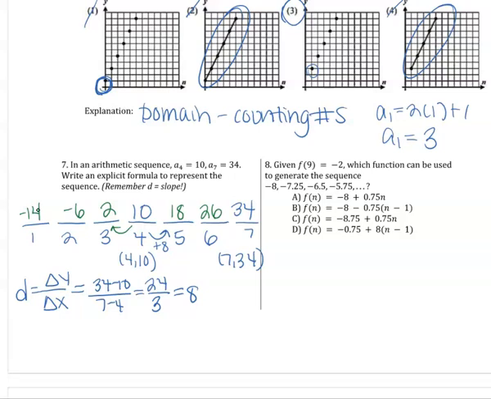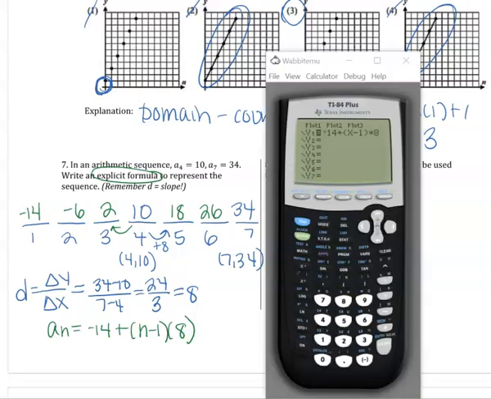So, when I come up with an explicit formula, I'm doing a sub n equals a sub 1 plus n minus 1 times d. Okay, so just like I showed you before, let's check that.